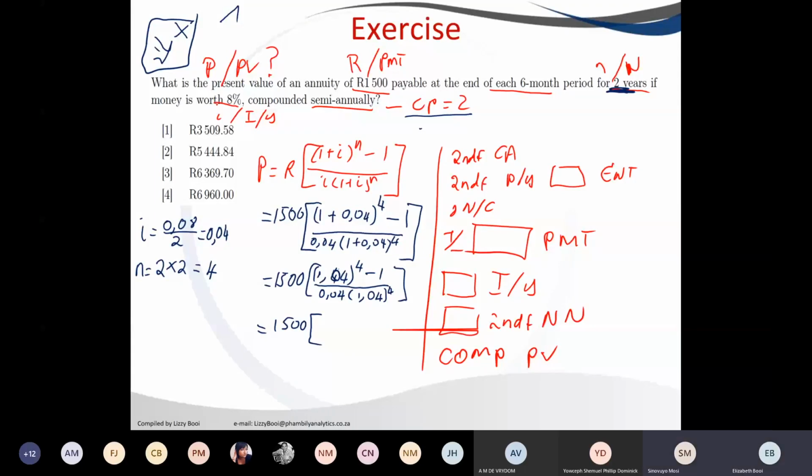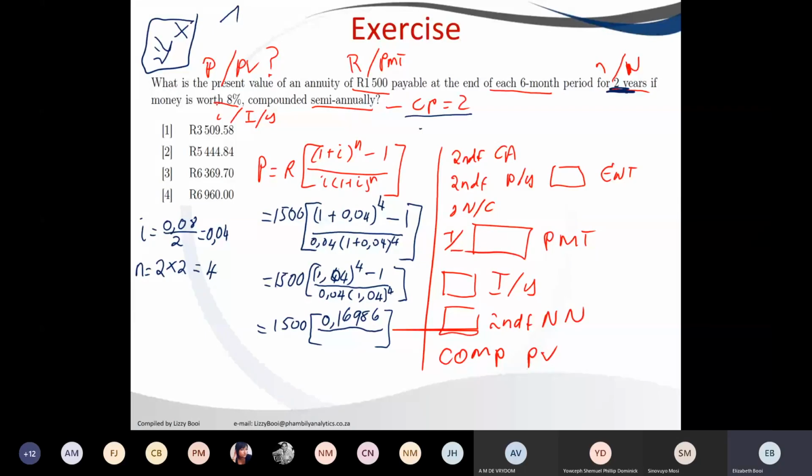Minus 1 from that number, so that I have done the top part, which means I have 0.16986. My calculator is on 6 decimal places, so I'm just going to leave it at that. Divide by, and I'm going to do the same with my bottom part.